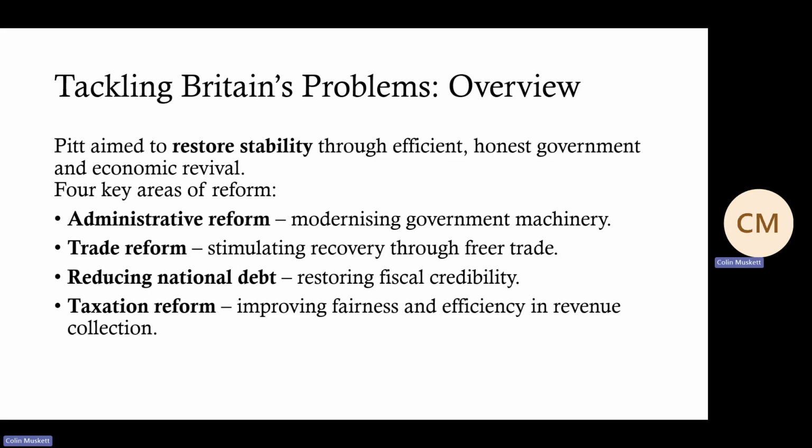So, as we've already mentioned, there was massive waste and corruption in government, and that had to be tackled. Pitt was also, as I said, a very early advocate for what we would recognise as a system of free trade.